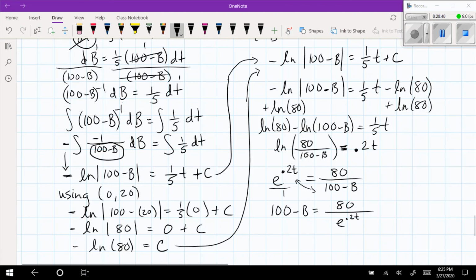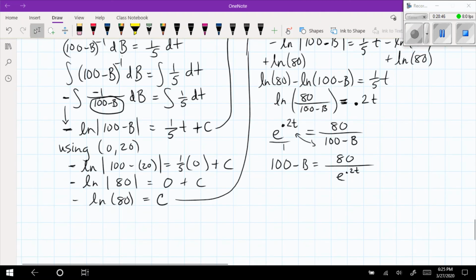And now to solve for b, let me see here, what do I want to do? I think I will subtract my 100 from both sides of the equation. However, that's going to leave me with a negative b. 80 divided by e to the 0.2t minus 100. I'm thinking I want that e to the 0.2t here to get out of there. Can I clean this up slightly?